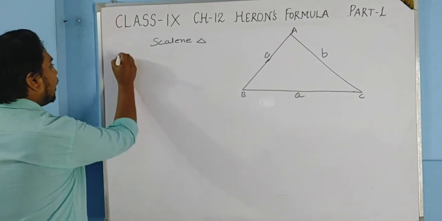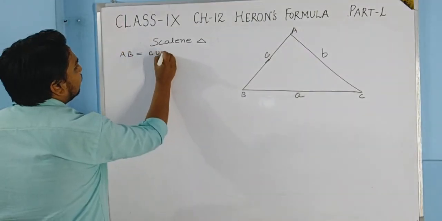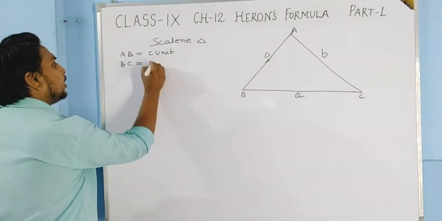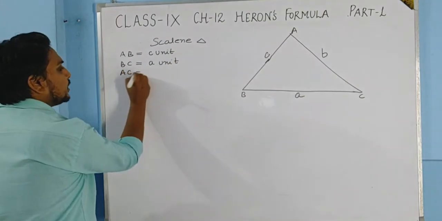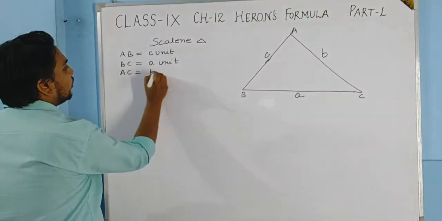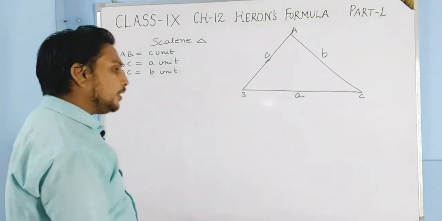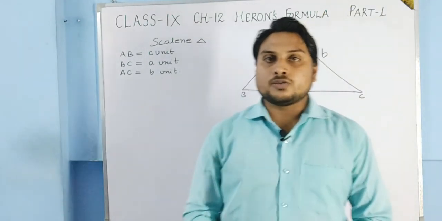So AB is equal to c unit, BC is equal to a unit, and AC is equal to b unit. Only this much information we have, and we want to find the area of the triangle.